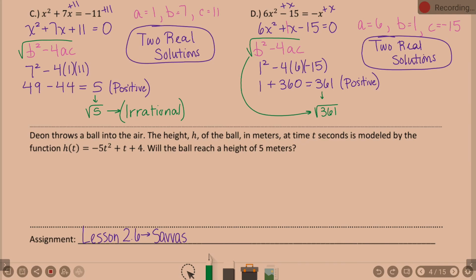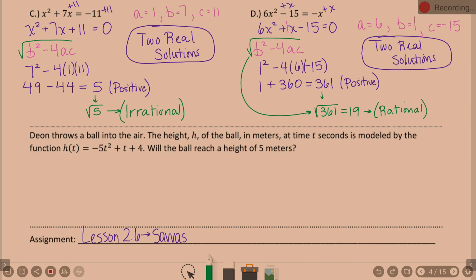Do you know the square root of 361? Probably not most of us, but your calculator does. Square root of 361 is 19. That means these are rational solutions, because you can take that square root.